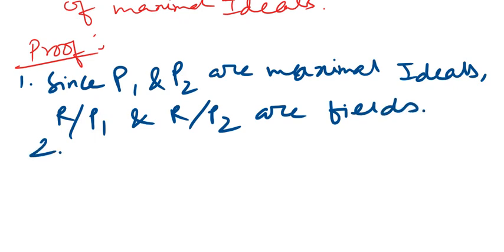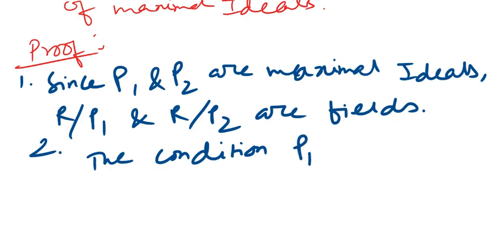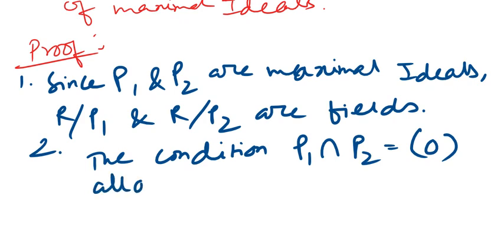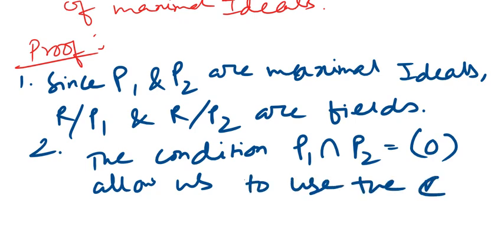And the next part is, the condition P1 intersection P2 equals 0 allows us to use the CRT.